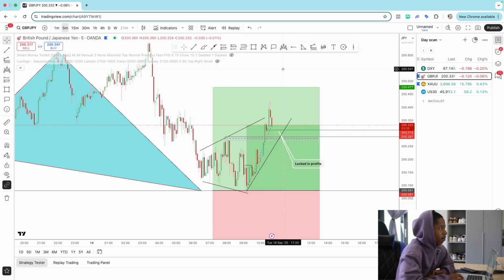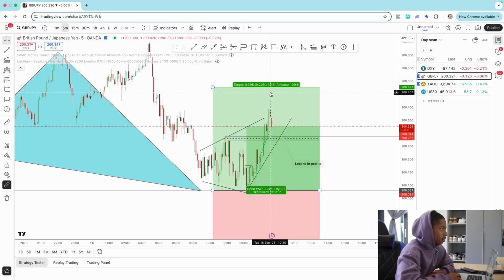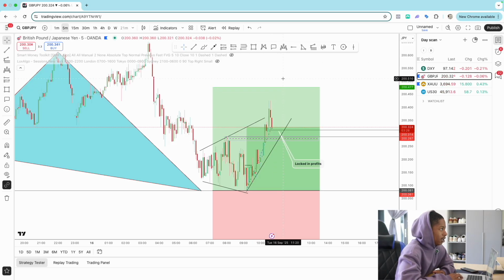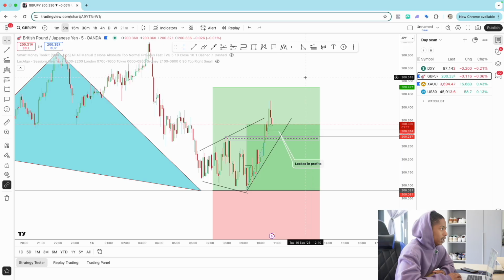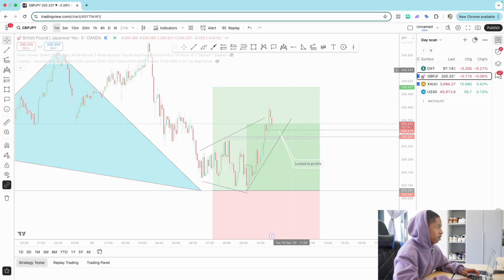But on my side, I don't really want to hold it and do all those things. Throughout all that, I just wanted to ride it and be done with it. So that's where my stop loss is now. It's approaching it. Let's just see if it's gonna respect or what.